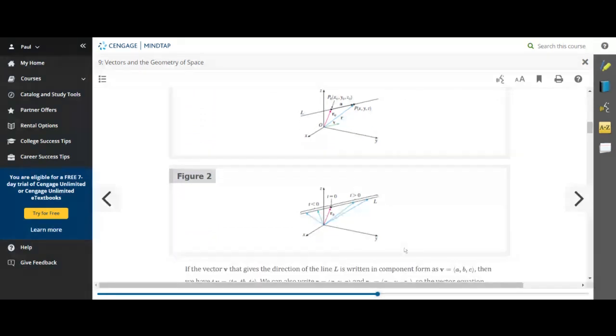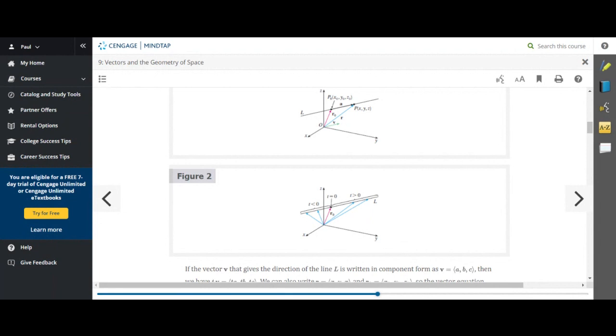And then in figure 2 here, you have examples of where that parameter t is negative and where the parameter t is positive, greater than 0. Of course, t equals 0 when the point on the line is exactly at r sub 0, because then r equals r sub 0.